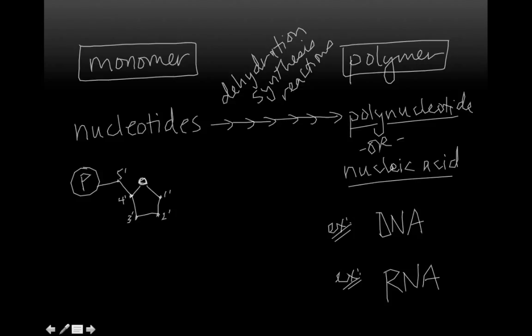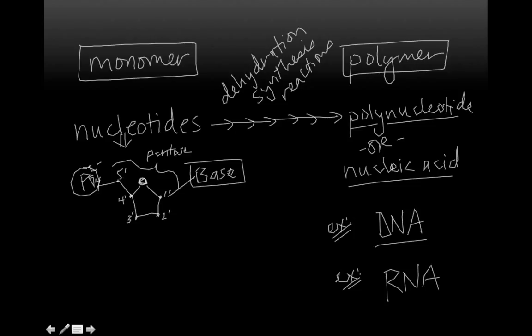Because this sugar has 5 carbons, we can say it is a pentose. And then that 5-carbon sugar is attached to a base of some sort. That is the basic structure for the nucleotide monomers. A phosphate, PO4 2 minus, a pentose sugar, and a base.